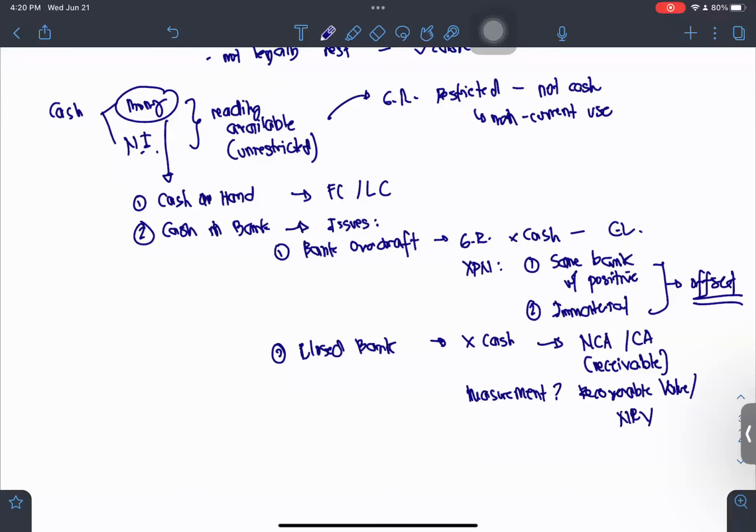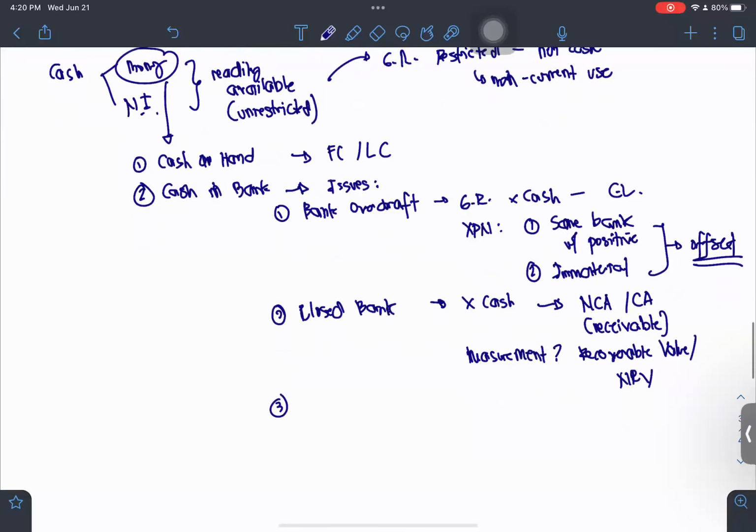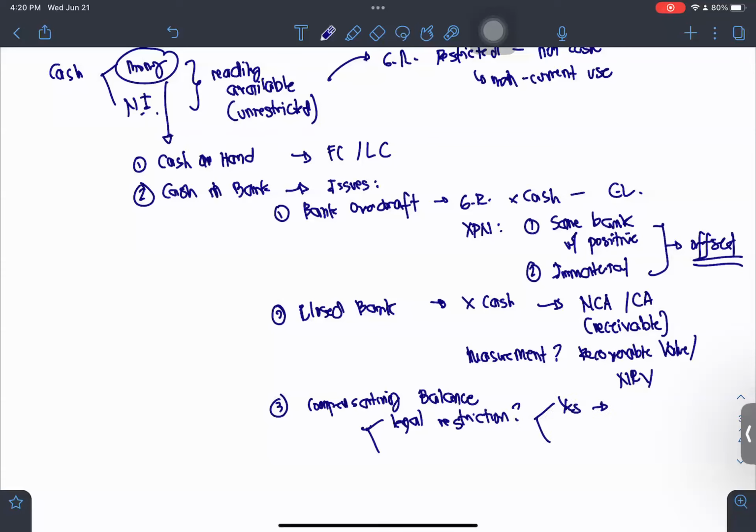That's for closed bank. And then lastly, we have your compensating balance. For compensating balance, we will only look whether there is a legal restriction. If your answer here is yes, then it is treated as not cash.